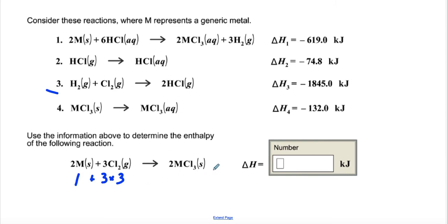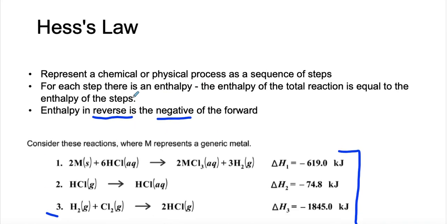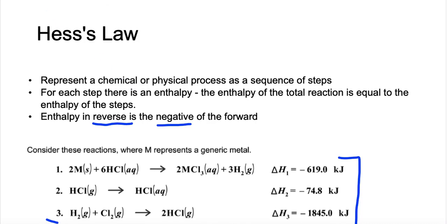Actually, it looks like I am forming a solid in the end, and I am going to get aqueous up here, and so I need a negative reaction 4 to be able to do this. If I add all of these enthalpies up in the correct way, I do reaction 1, 3 of reaction 3, minus reaction 4. I probably have to use reaction 2 in some way. I can get my overall enthalpy of the reaction. So that's an example. I'm not going to work through it, but that is Hess's law. All right, and that's it. Unit 6.